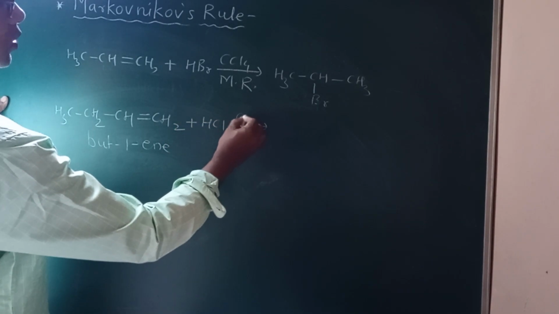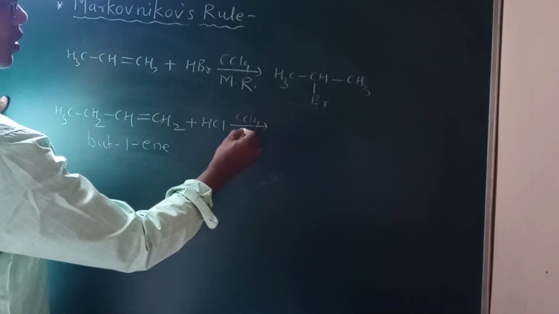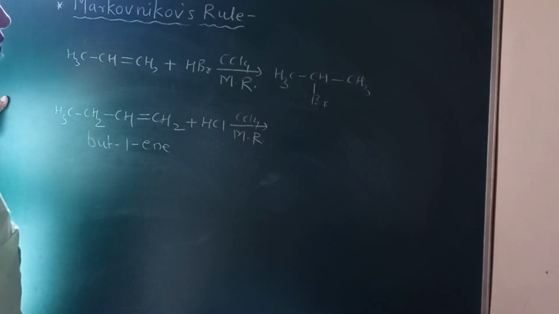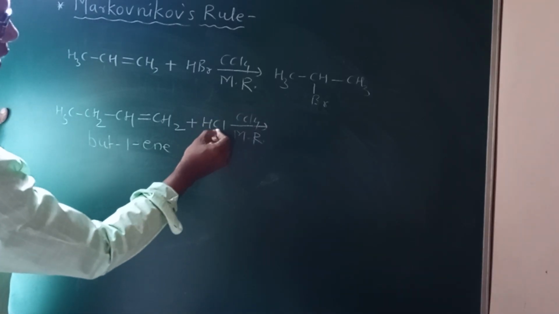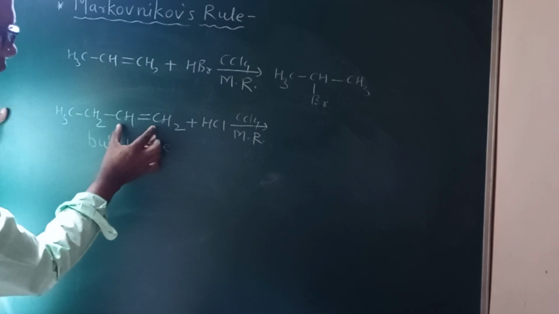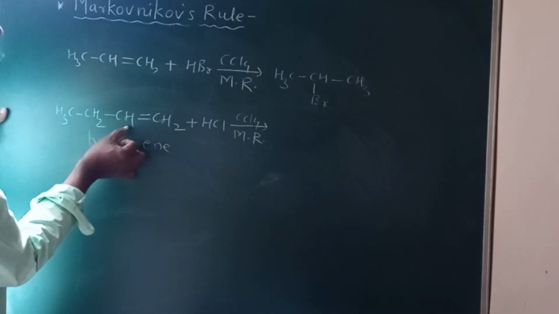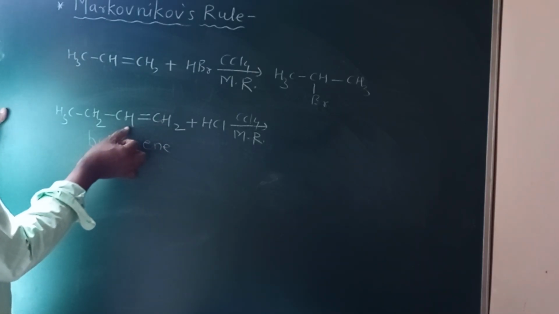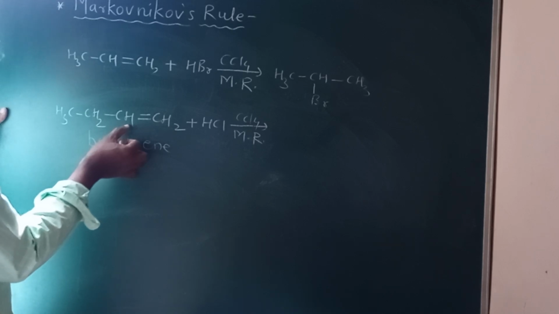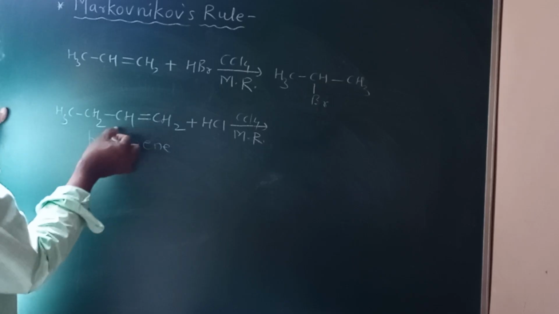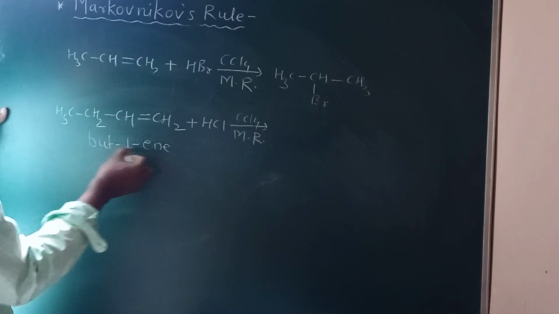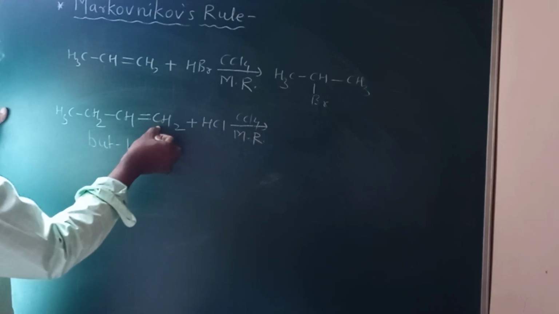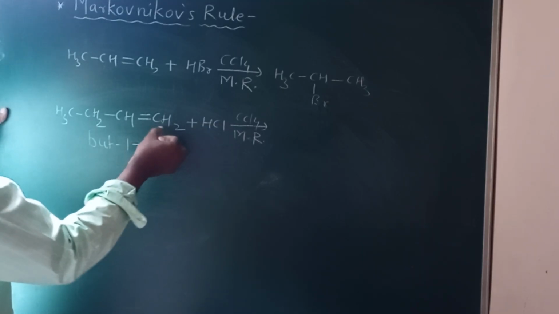So when both are unsymmetrical, then the reaction follows this rule known as Markovnikov's rule, according to which the negative part, which one is the negative part? Yes, Cl minus. The negative part of the reagent gets attached to that unsaturated carbon which carries less number of hydrogen atoms, or which is the more or highly substituted carbon. So in this case, this Cl is going to add on this carbon atom, that is CH, making this CH a CH with Cl, and H gets added on this carbon, converting this CH2 into CH3.